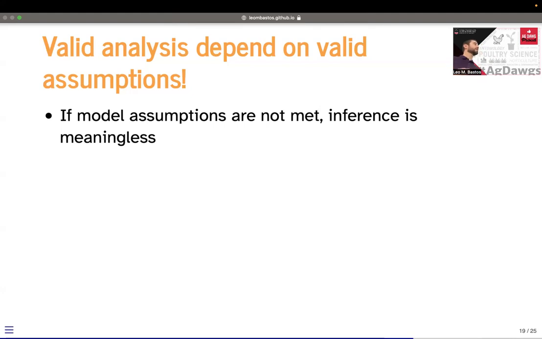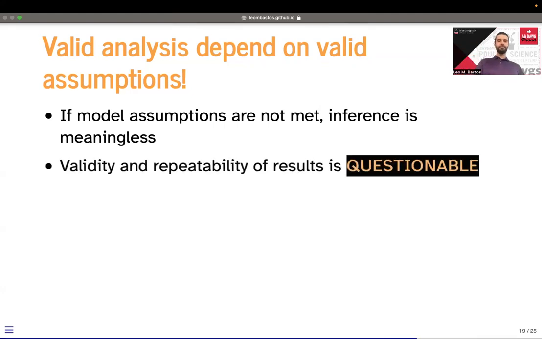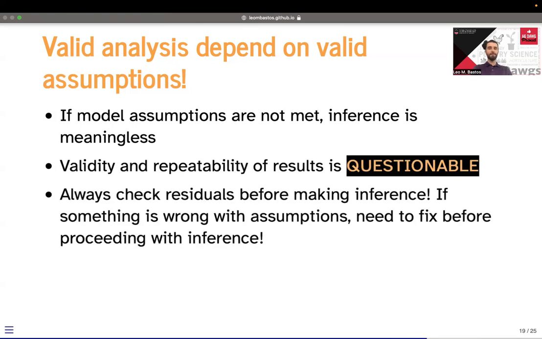So assumptions are based on residuals and not raw data. If your assumptions do not hold for a given model and data, then the validity and repeatability of the results is questionable. Because now you do not have a good model for that data, and therefore learning about that model is not going to be useful.